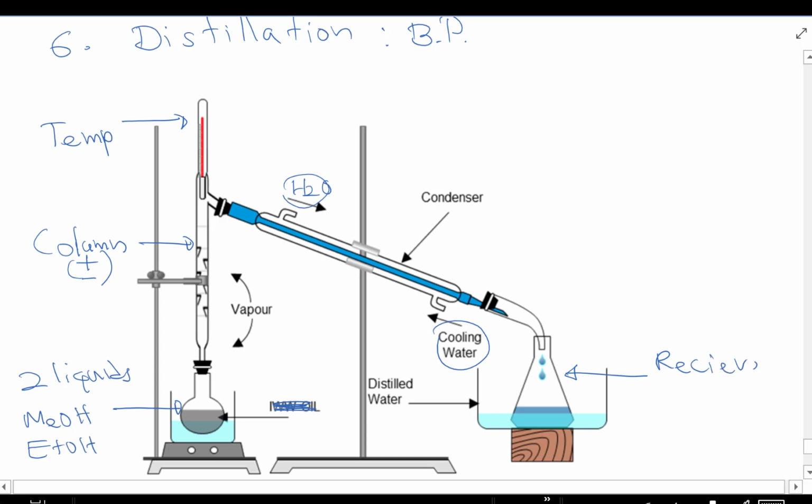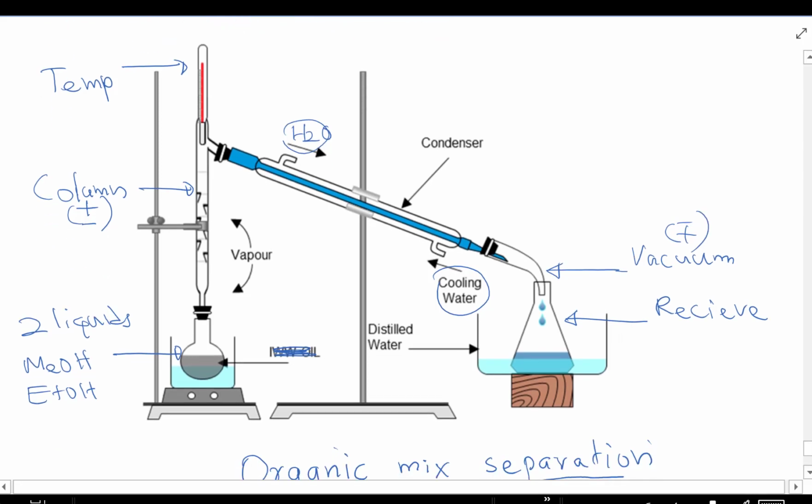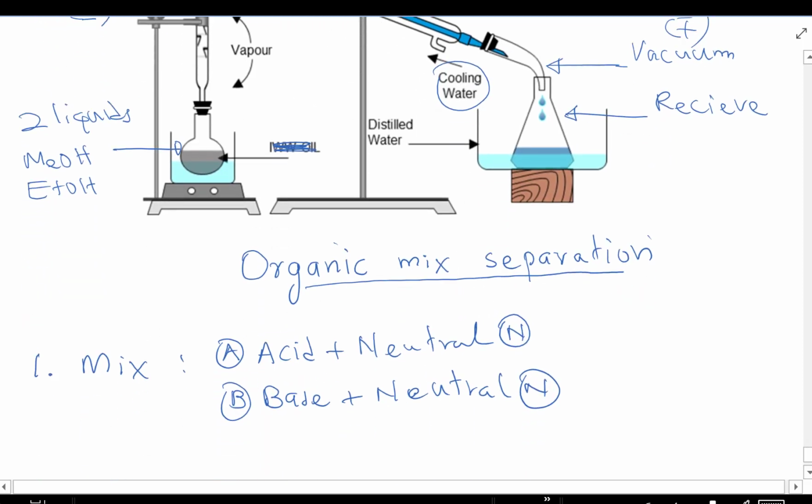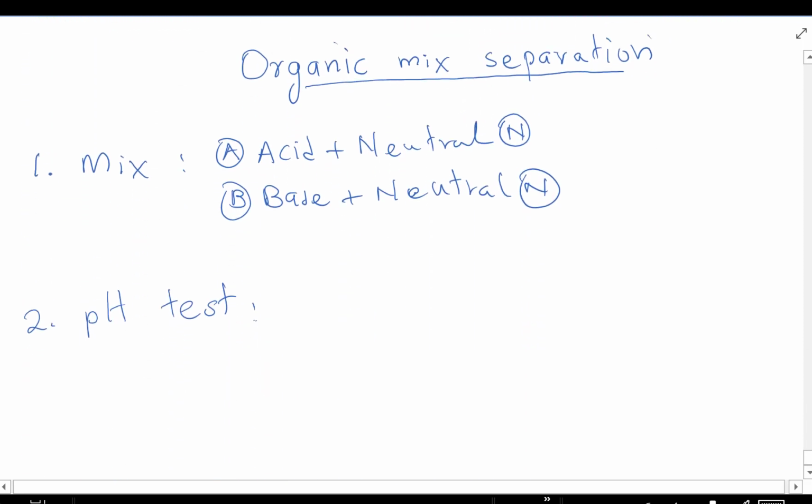Sometimes you have a column. You definitely have a receiver flask. And in some cases, we can also use a vacuum system if it is given. So this one is not a vacuum one. The vacuum distillation is also similar, right? So that's the distillation. If you have done the distillation, you know the boiling point, then you can look at the data sheets.